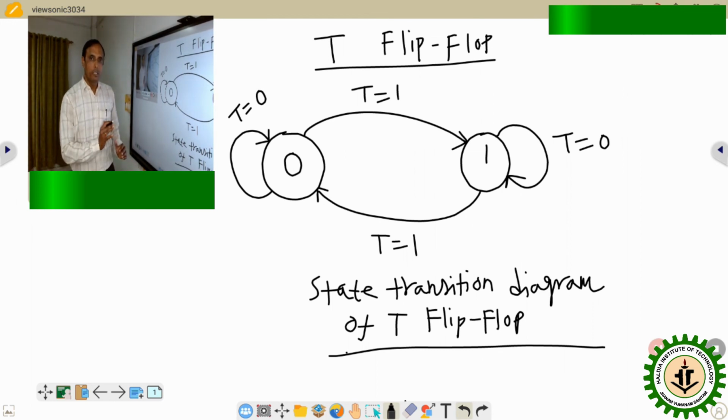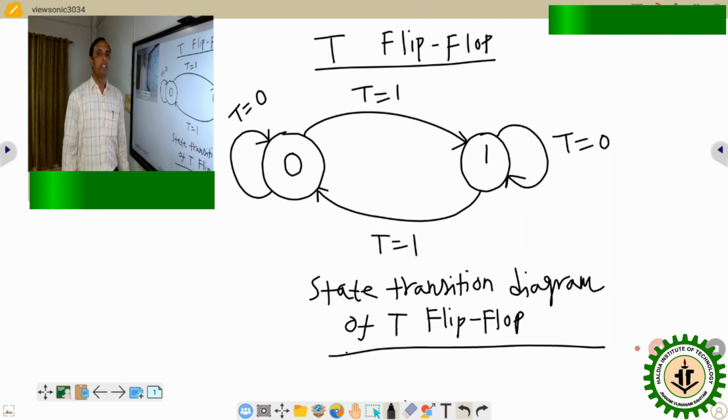Now this JK flip-flop has one problem, and this problem is known as the race around condition. What is this? Whenever J equals 1 and K equals 1, logically we should get the complement of the current output. That means if the current output is 0, it will be 1, and if it is 1, it will be 0.